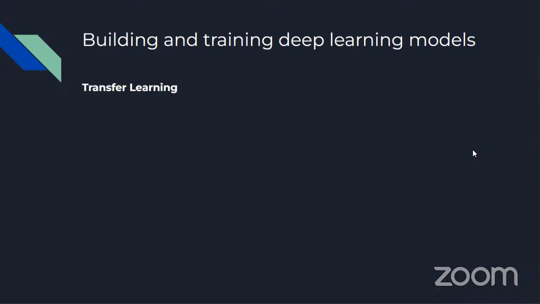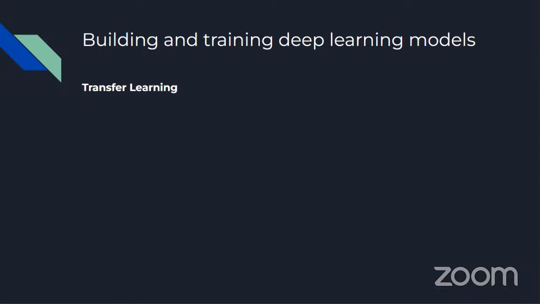Now we will see the next approach. The next approach is transfer learning. Now what is this transfer learning? Transfer learning means you transfer learning. There was an existing model which was trained on some data.